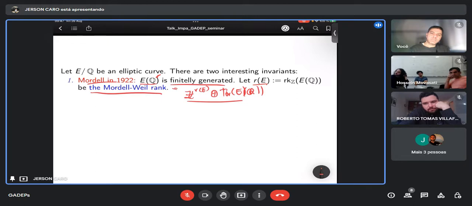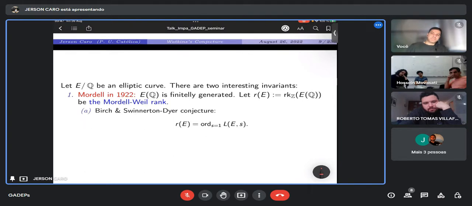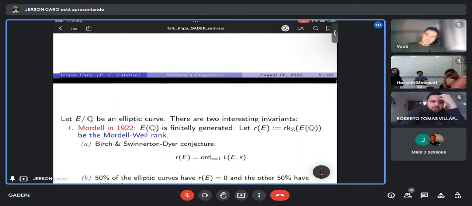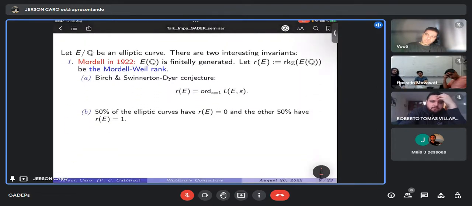And there are many important conjectures about this invariant. So let me show you three of them. It's a very famous conjecture, Birch and Swinnerton-Dyer, which says that the rank is equal to the order of vanishing at s equal to 1 of the L function associated to E. Okay, it's a $1 million conjecture.